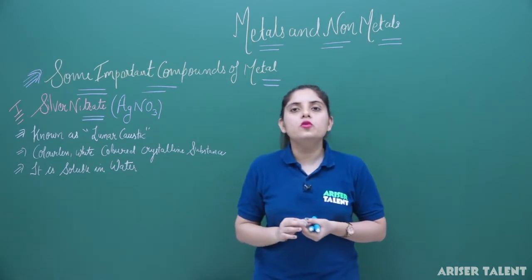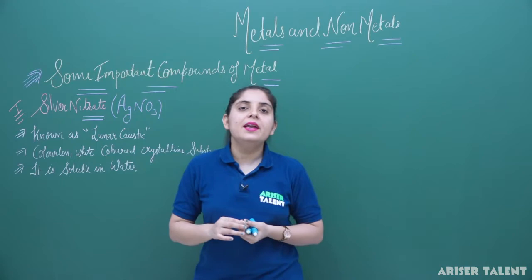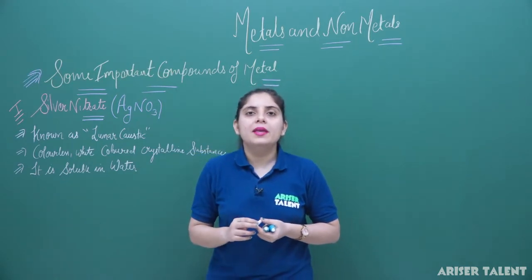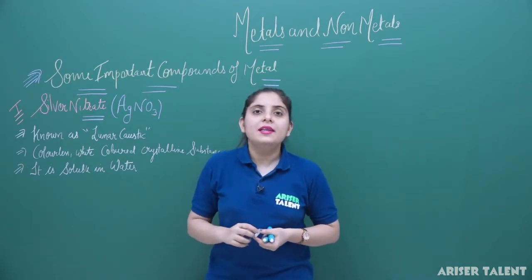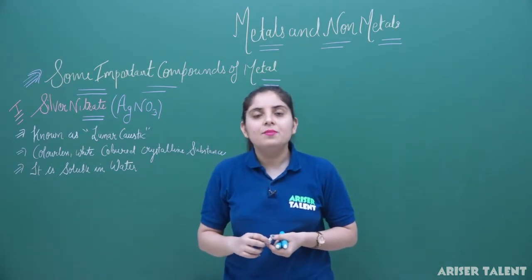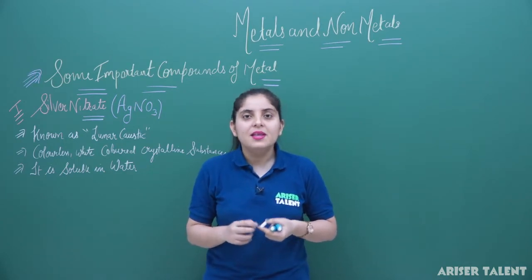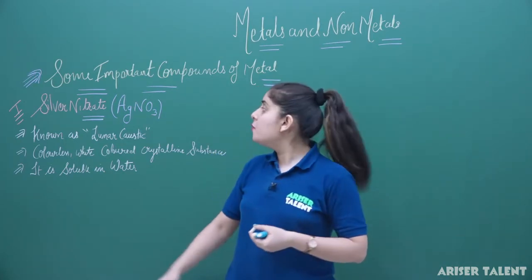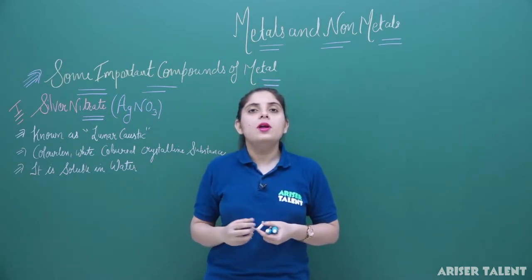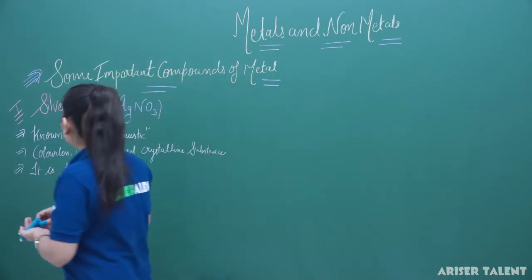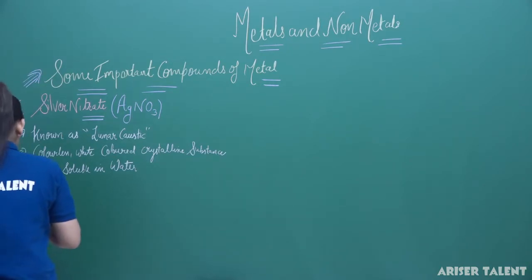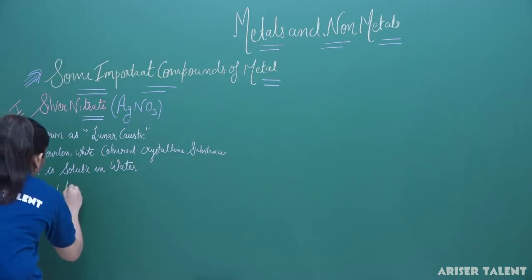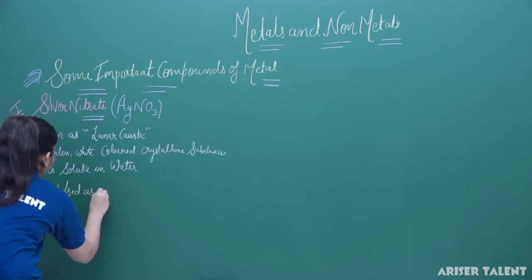Now coming to the uses. The first use of silver nitrate is in making photographic plates. In photography, it has extensive use. It can also be used as a laboratory reagent. It is used for silvering of mirrors. It is used for making other salts of silver that are used for other purposes also.